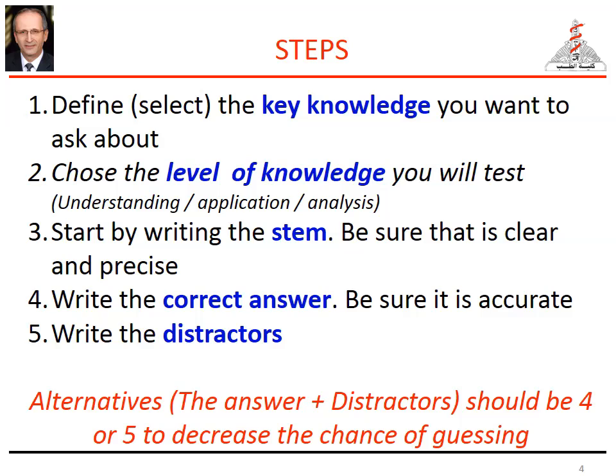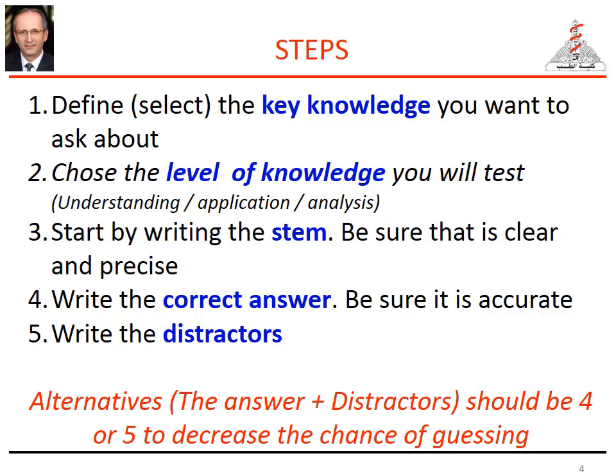We always start by writing the stem, and we should be sure that it's clear and precise. Then we write the correct answer or the key response, and also be sure it is accurate. And finally, we end with writing the distractors. The alternatives, which is the answer and the distractors, should be 4 or 5 to decrease the chance of guessing the right answer.